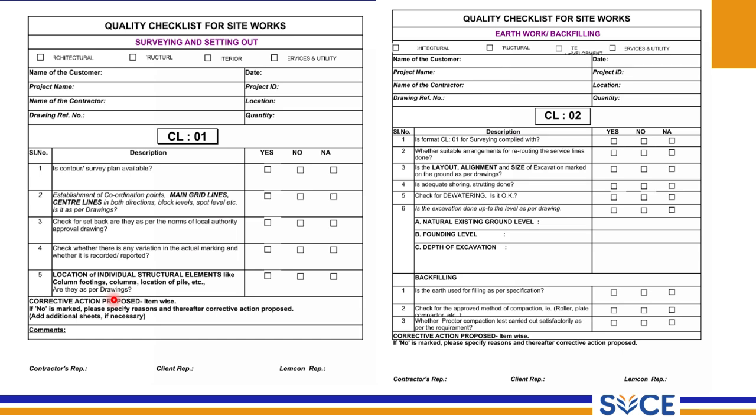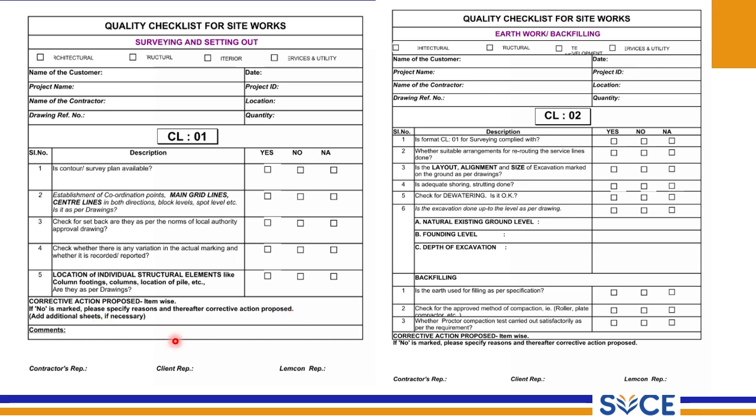Only when you create a proper checklist will it ensure that proper quality has been maintained and things have been checked appropriately. At the end of the checklist, you can see corrective action proposed, item wise. If you mark no, then please specify reasons, and corrective actions are proposed. Add additional sheets if necessary.